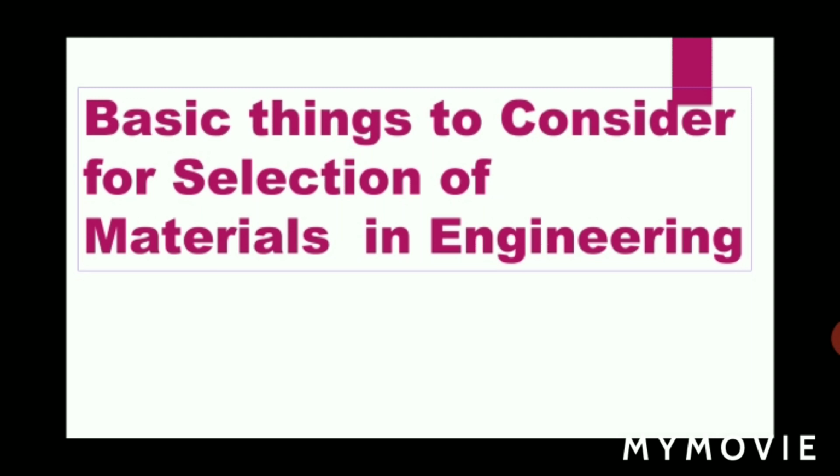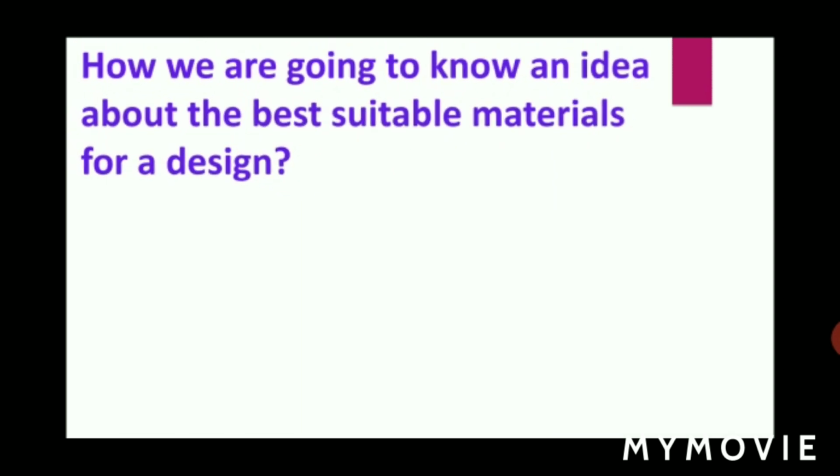Right, so that is the basic thing. So it is very difficult for a design engineer with a complex problem to select a material. Now if that is the case, how do you select your material? That means how are we going to get an idea about the best suitable material for the design?